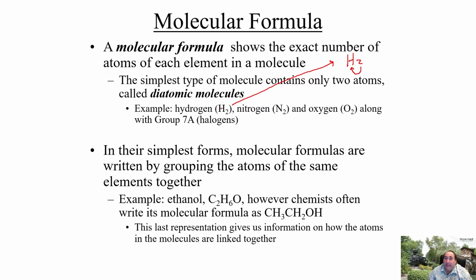What I mean by that is a lot of times chemical formulas or molecular formulas are written in a very simple form. They just tell you what elements are present. So, for example, we saw this one previously. That is ethanol, which is C2H6O.